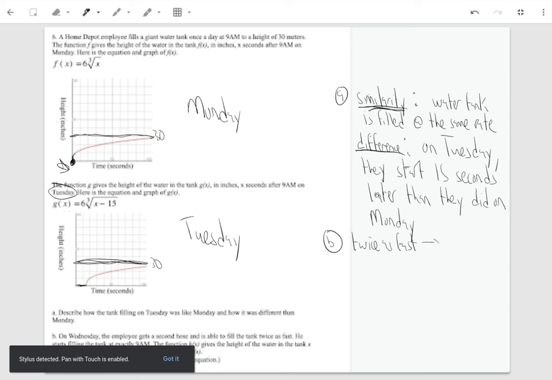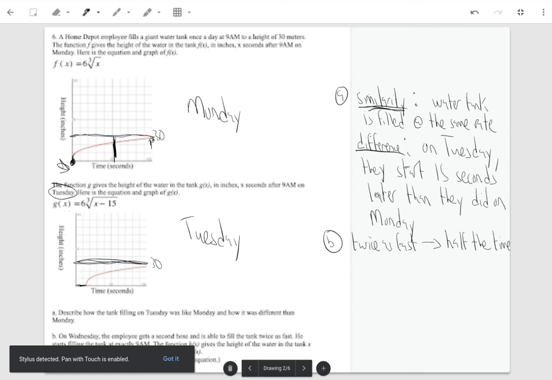Twice as fast, what does that mean? That means it's going to take half the time. If I'm filling it twice as fast, it's going to take half the time, which means the graph is, instead of taking 100 seconds or a little over 100 seconds like it is, it's going to take about 50 seconds as it did here, which means it's going to get squashed horizontally.